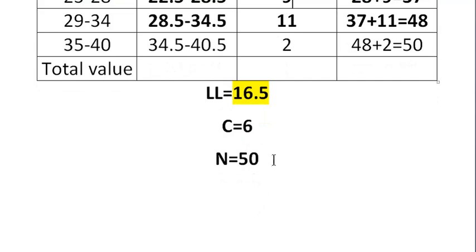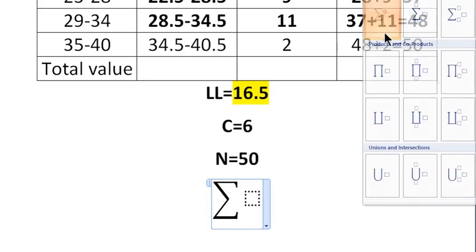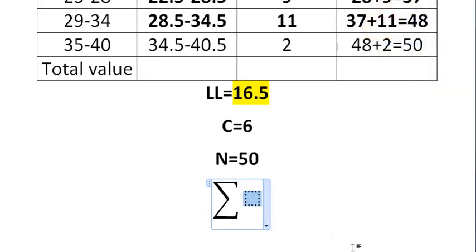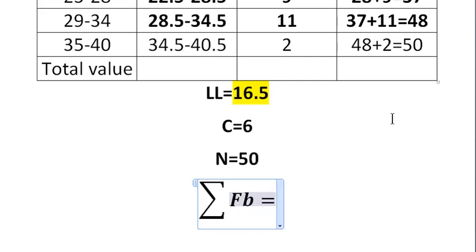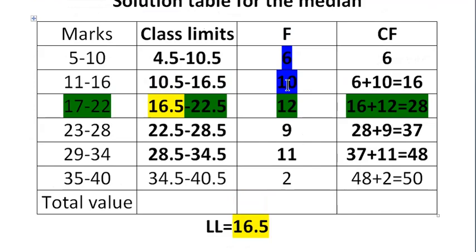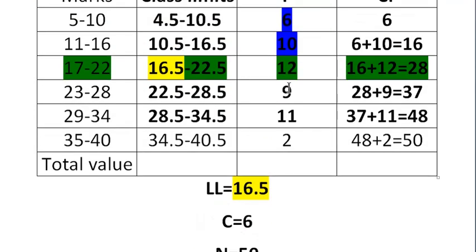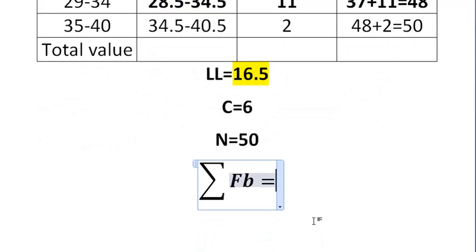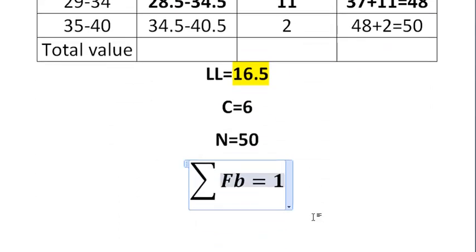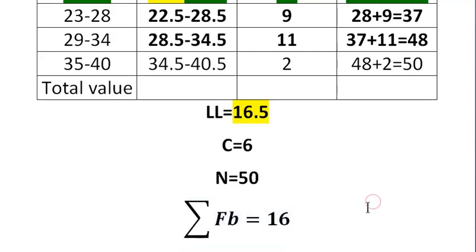Sigma FB is equal to, now let's sum this value. 6 plus 10 is what? 16. That's the sum of the frequency before this median class. So we have 16 here.